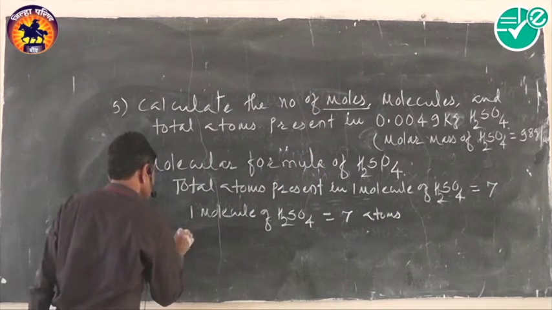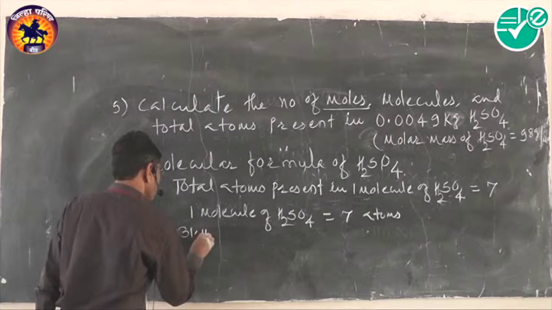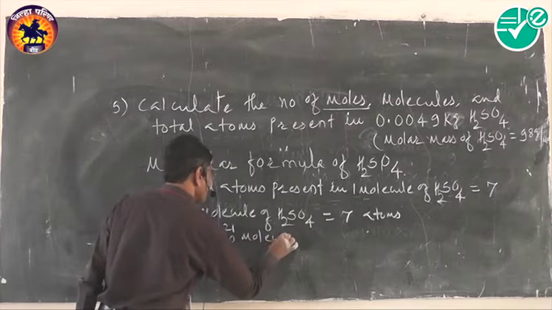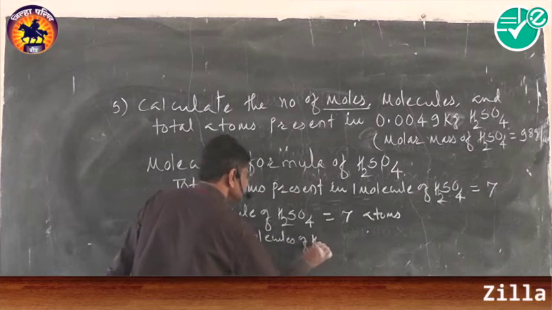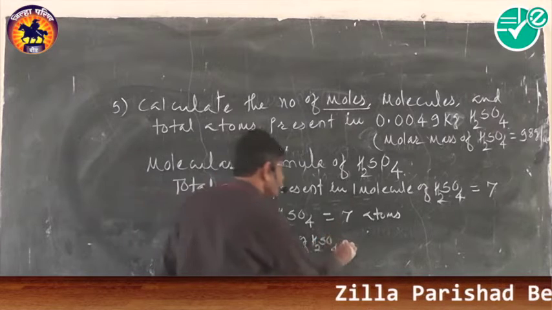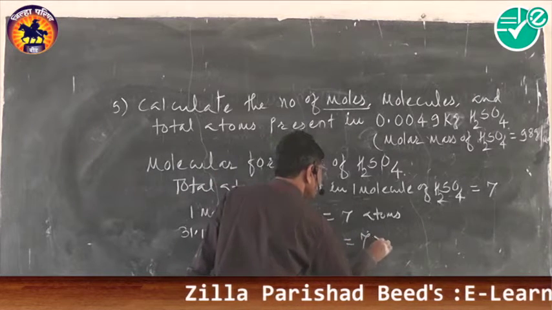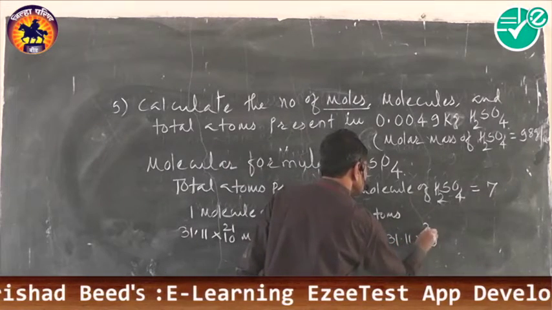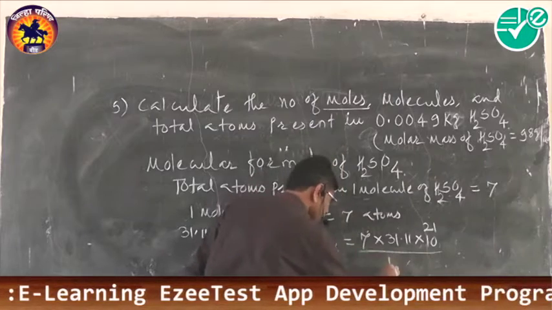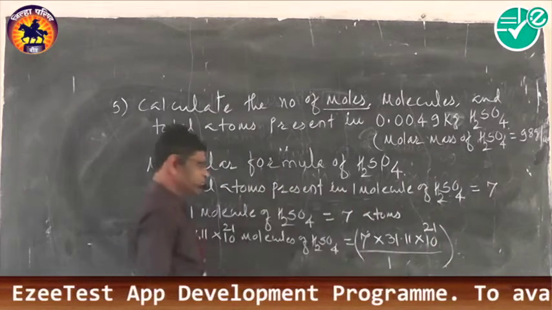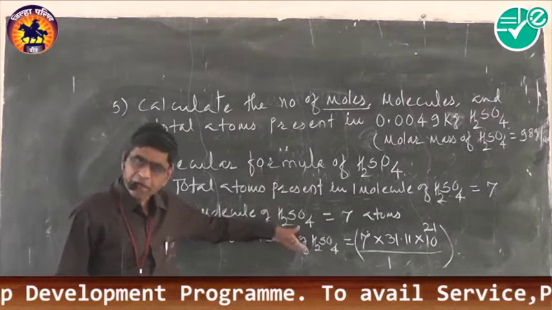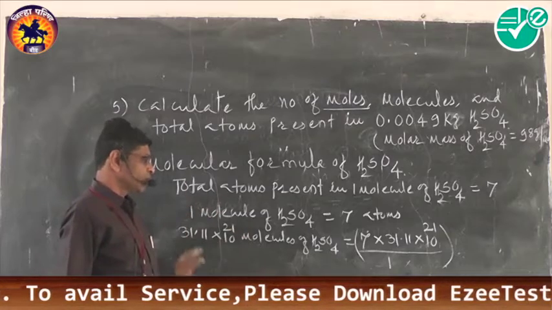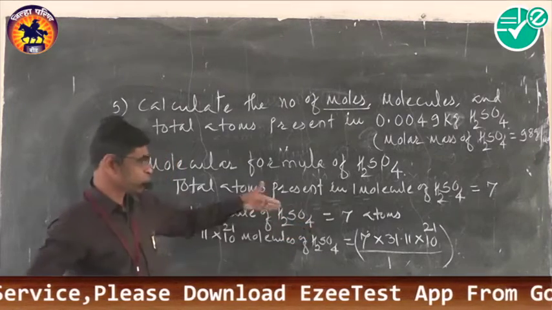And then 31.11 into 10 raised to 21 molecules of sulfuric acid corresponds to 7 multiplied by 31.11 into 10 raised to 21 divided by 1. And so remember, these are the total number of atoms present in 31.11 into 10 raised to 21 molecules of sulfuric acid. So total atoms.